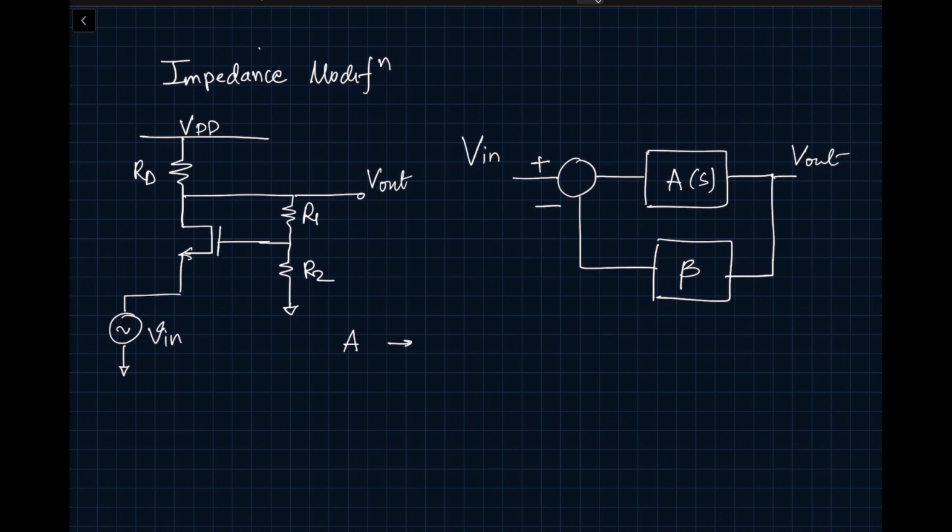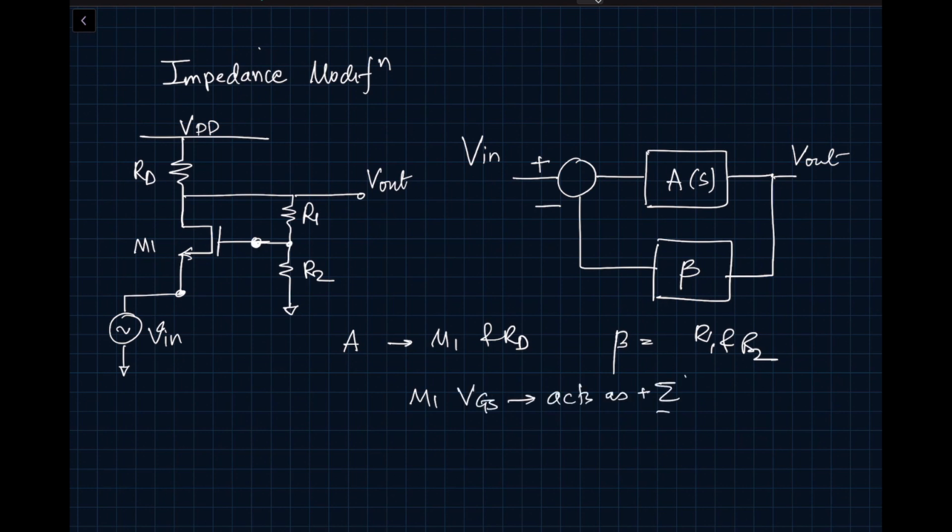A is represented by our transistor M1 and RD, and beta is represented by R1 and R2. Now in this case, we are applying a voltage which is VGS; on one side we are applying beta times V out, and on the other side we are applying to the source. So the VGS part acts like a subtractor. So the M1 VGS acts as the sigma plus minus block that we're used to.